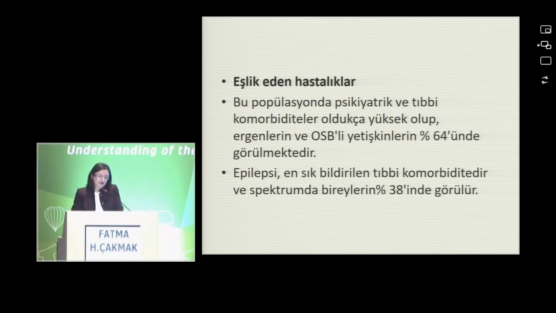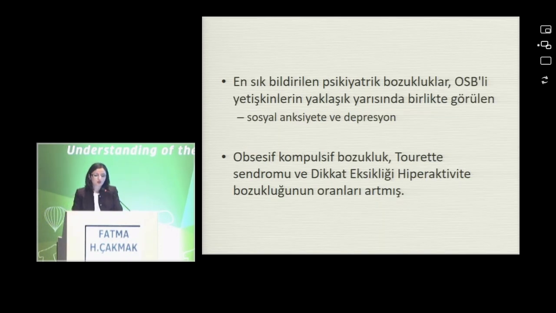Comorbidities. Psychiatric and medical comorbidities are quite high in this population, occurring in up to 64% of adolescents and adults with ASD, and 38% of this group. Most commonly reported psychiatric disorders are affective disorders.